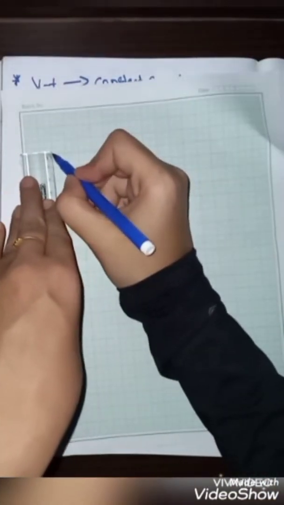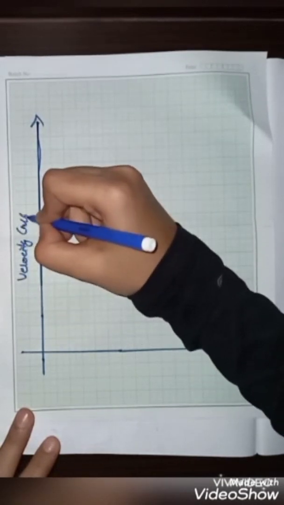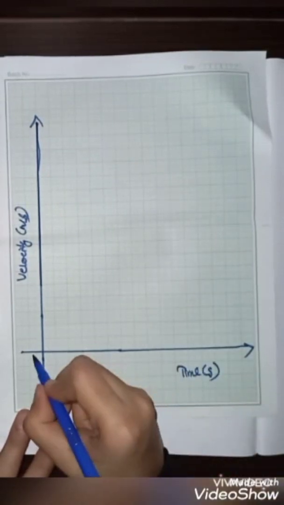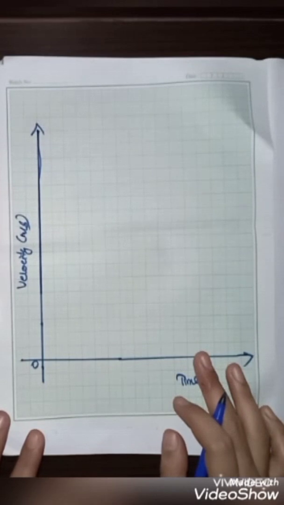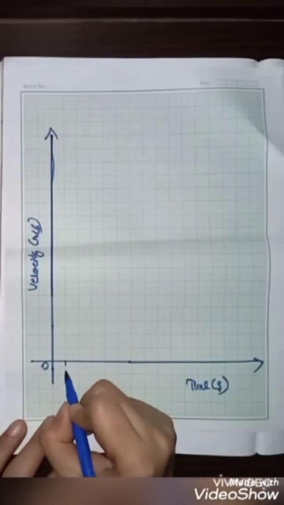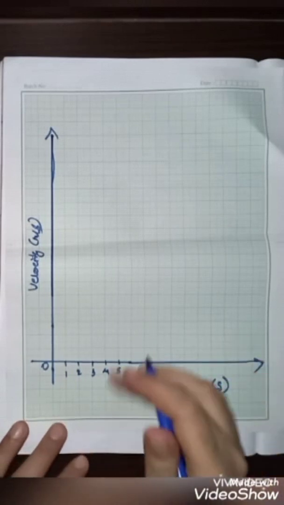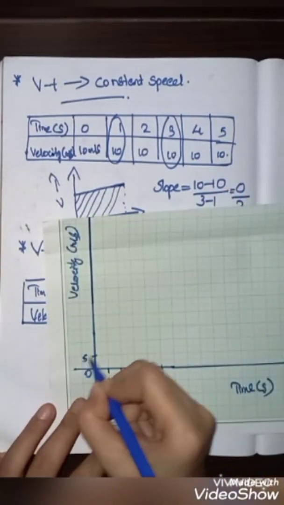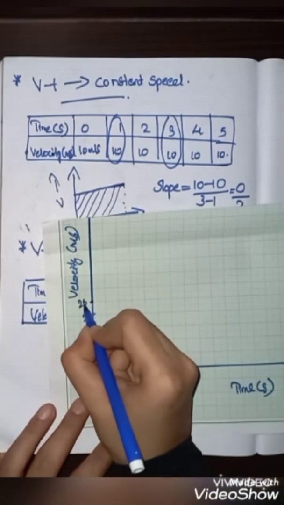We can draw the graph based on this data. First, we draw the two axes. We take the velocity in meter per second, and here we take the time in seconds. Here is the origin. The time is 0, 1, 2, 3, 4, 5, and the velocity is 0, 5, 10, 15, 20, 25.